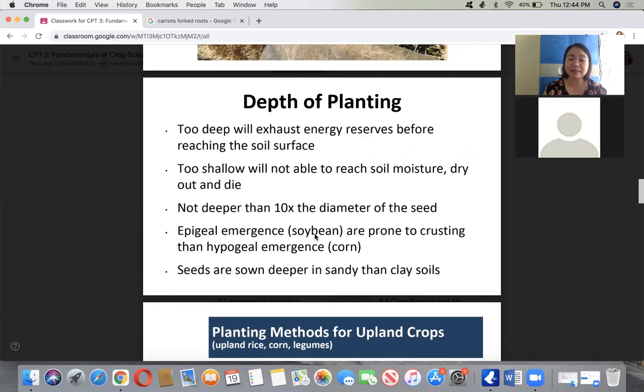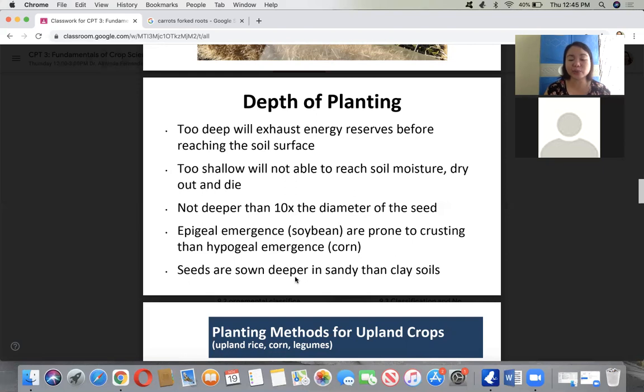So that's epigeal emergence, and these are prone to crusting compared to hypogeal emergence like the corn. When we say hypogeal, it means below the ground, as you have seen with corn, its cotyledon is not raised above. It's just left below the ground. So that's why they are hypogeal.